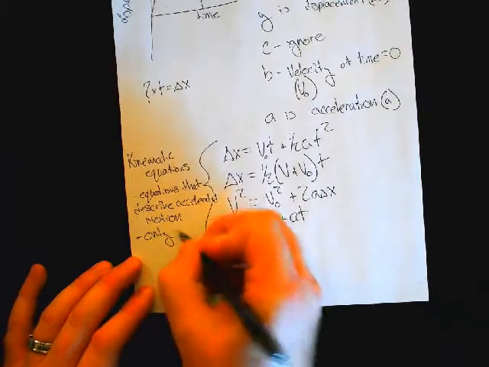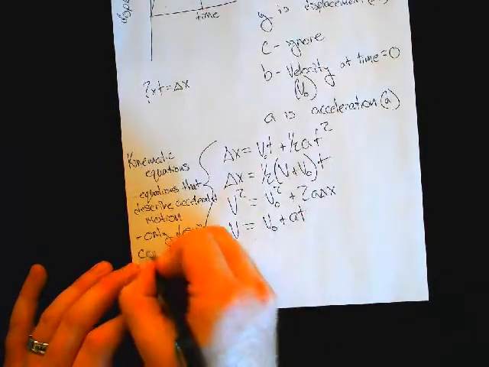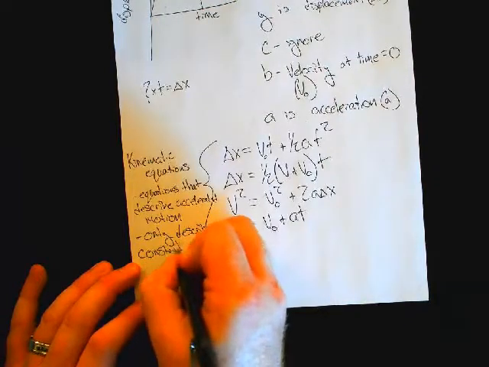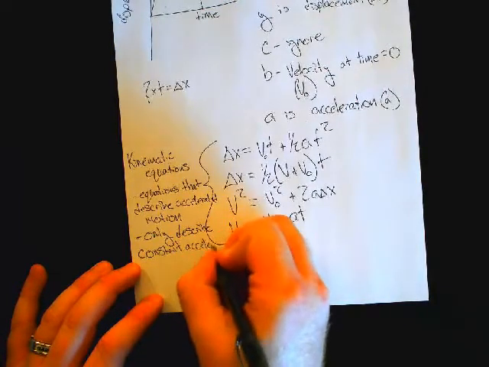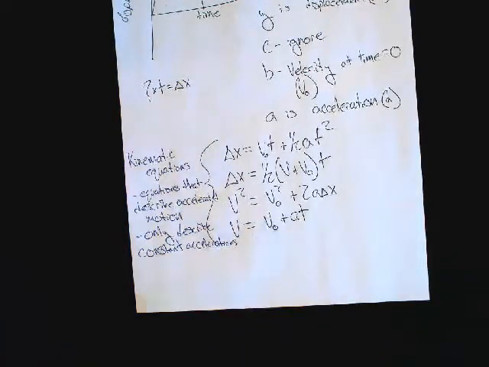They only describe constant acceleration. If we have a changing acceleration, we have what we call a jerk, and we can't deal with it at this level. And that's actually what it's called when acceleration changes, is jerk.